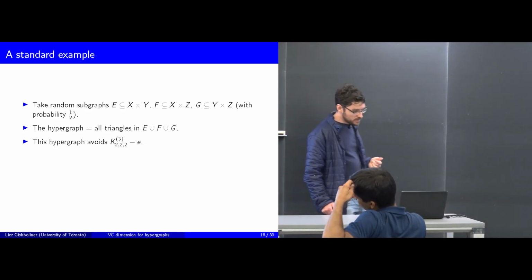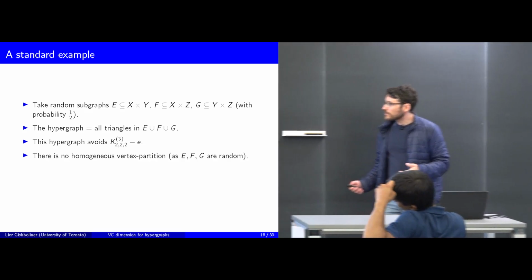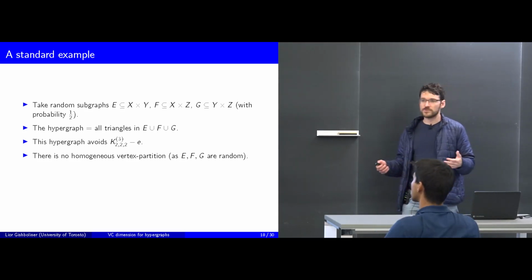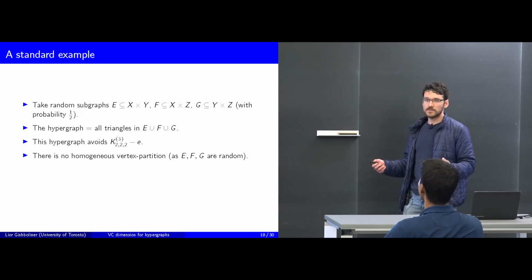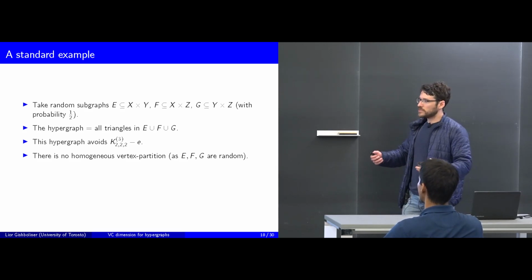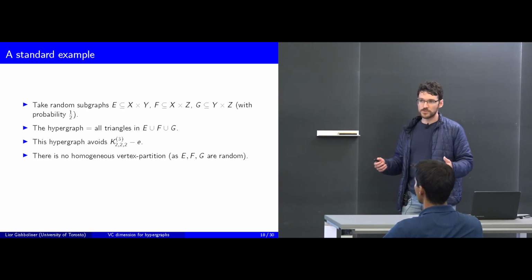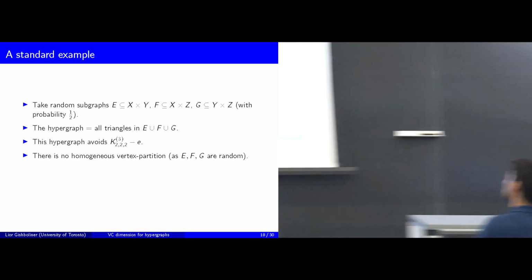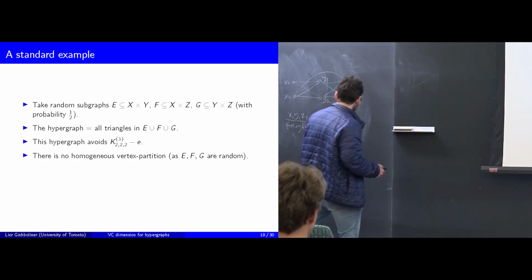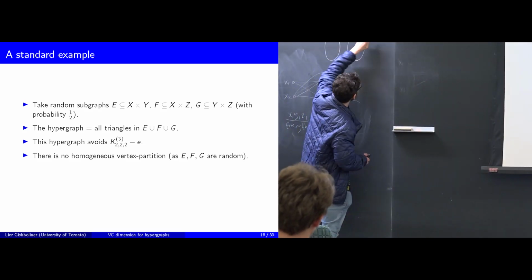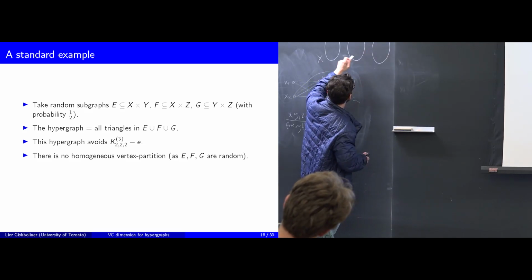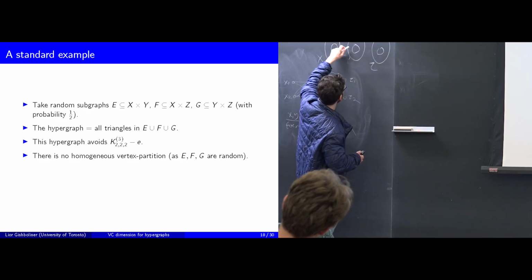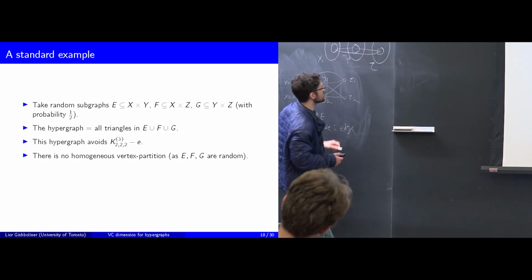Okay, but on the other hand, this example does not have any homogeneous vertex partition. So if you want to partition your vertices into some bounded number of parts, and you want all the densities to be close to 0 or 1, this is impossible, because these random graphs have the property that, if this is x, y, and z, if you restrict to any reasonably big subsets, then you will still have many triangles like this.